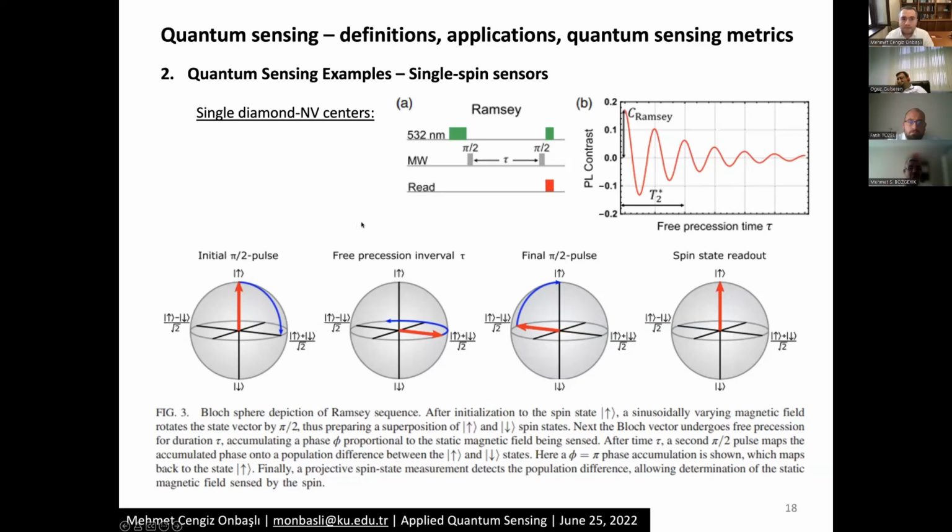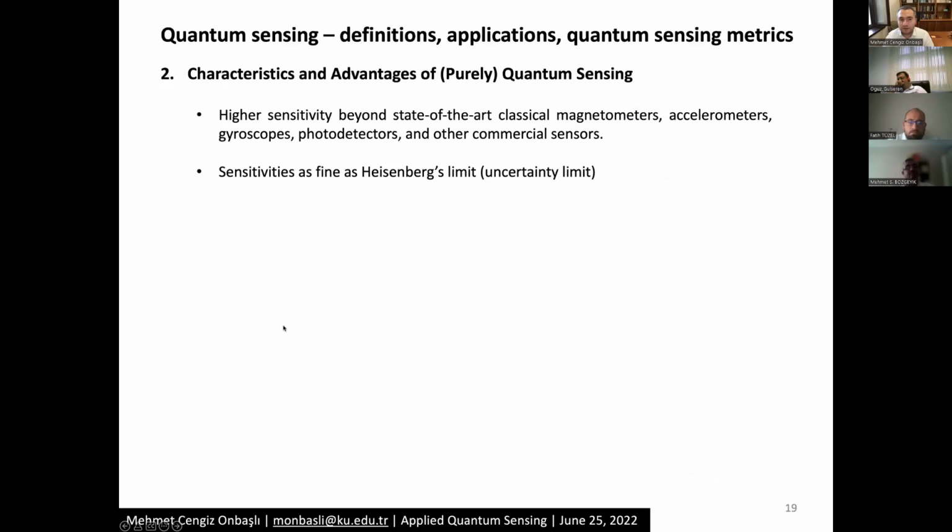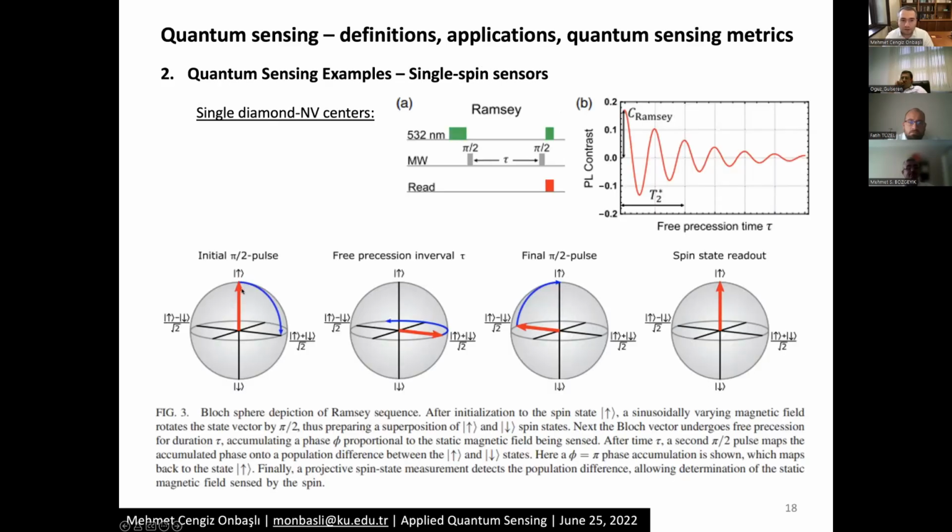And then we apply a microwave pi/2 pulse, which is a short enough pulse that will lead to a superposition of our initial state to a superposition state. So in the superposition state, we are observing our spins to have some phase shift, and it causes our spin up and down states to have some mixture.